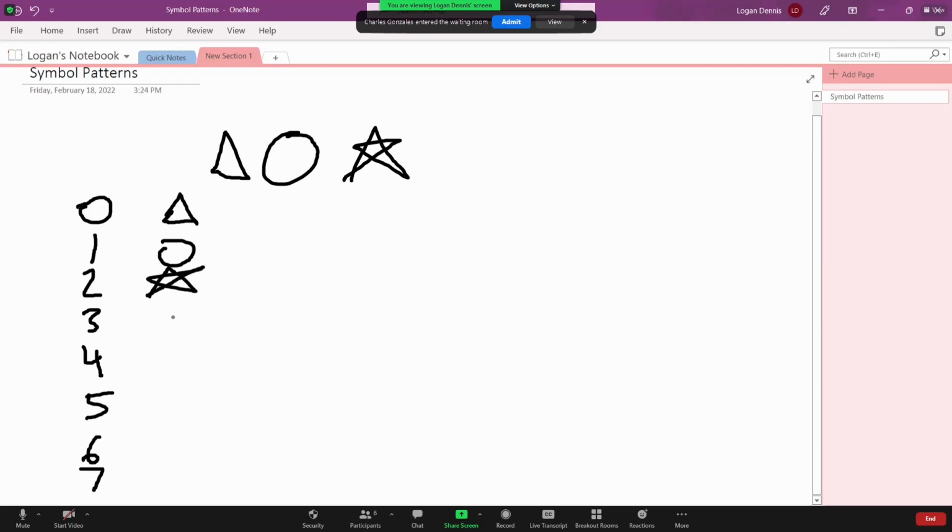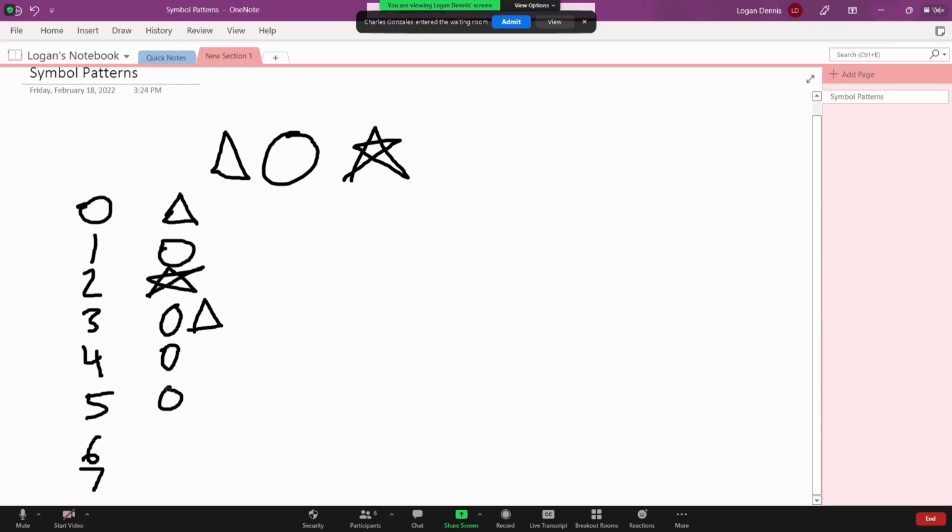What I mean by that is you start with the first symbol, and then you add the next symbol in front of that. Basically there were three symbols, right? So only 0, 1, and 2 have a single symbol. And then 3, 4, and 5 all have the second symbol as the starting symbol.